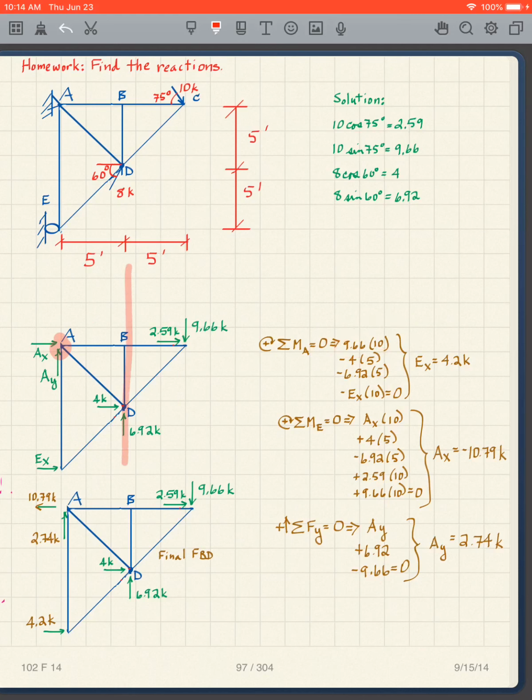This is going to be 6.92 times that distance, which is 5. This is going to be 4 kips times that distance, which is 5. And then we have EX times this distance, which is 10.